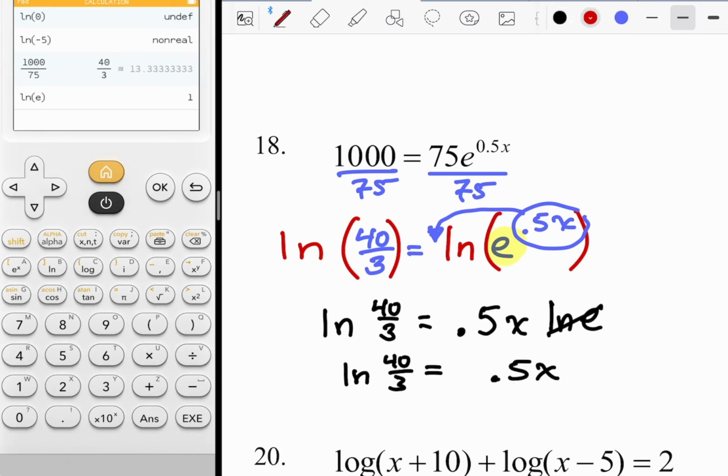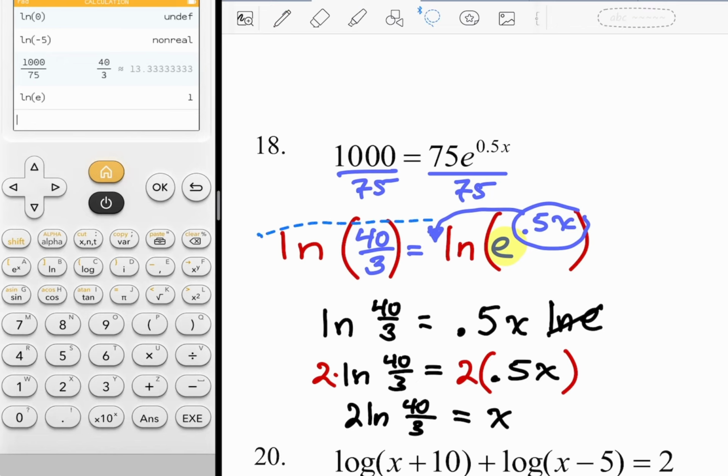I'm going to multiply both sides by 2. And that'll give me a final answer. 2 ln 40/3 is equal to x. Let me just put the 2 in there. So I can leave it like that, or if the situation calls for a decimal.